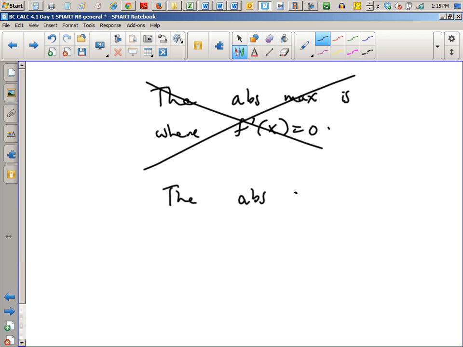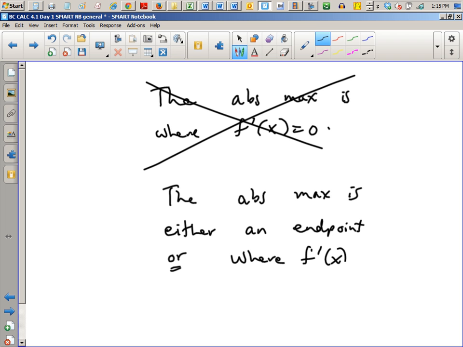The absolute max is either an endpoint or where f prime of x equals 0. No, because we have multiple cases. Is this true? It's not quite true either.